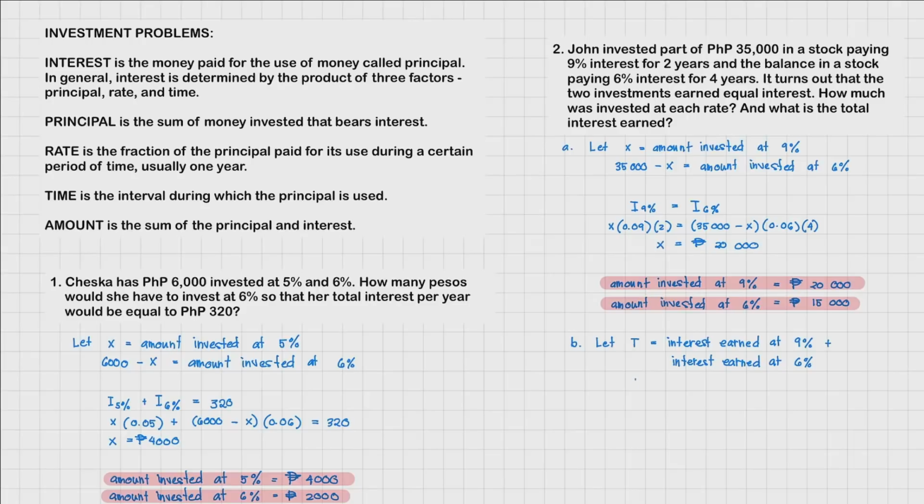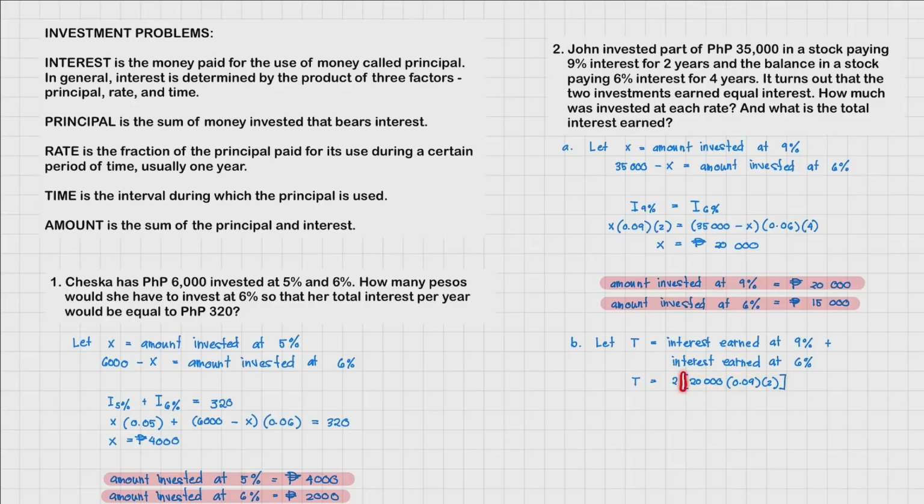Right. So we could rewrite this as 2 times the invested amount, which is 20,000, times the interest, which is 0.09, times 2. And we multiply the whole thing by 2, since this one is supposedly equal.